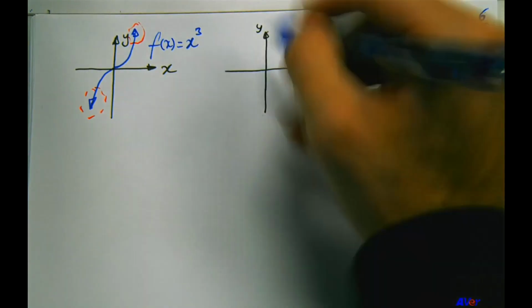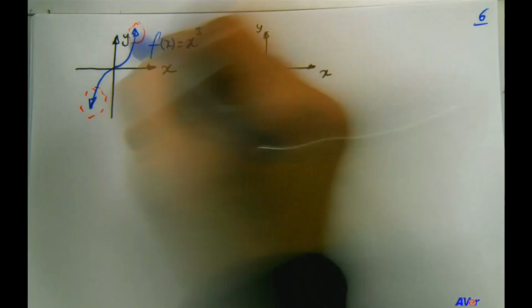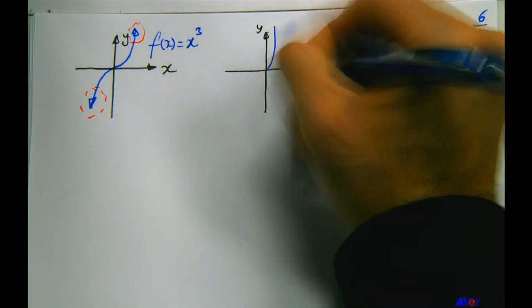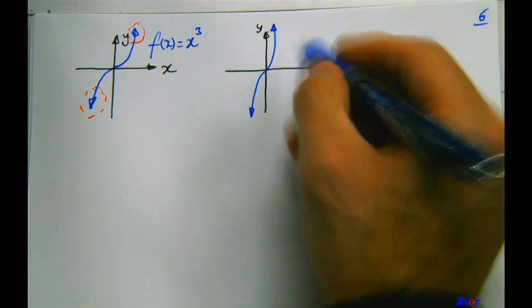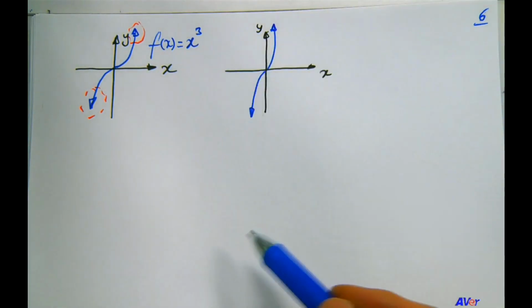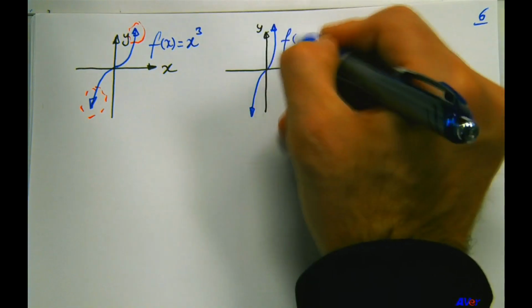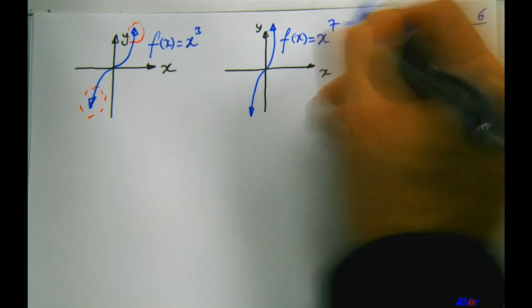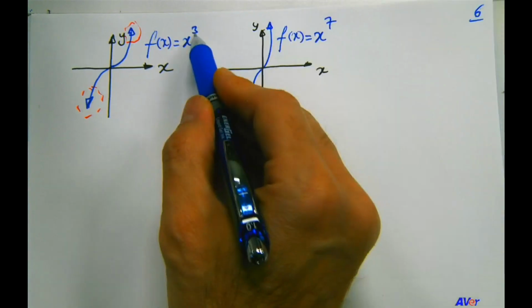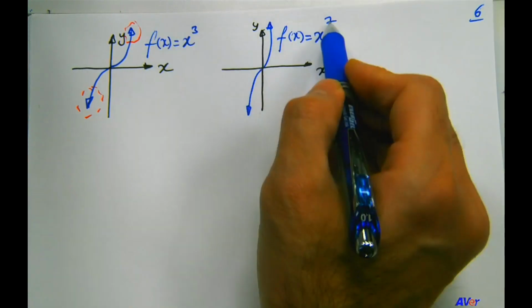So what happens then? Well, once again, it's going to be steeper than that. It's probably going to go like this. A computer would do a much better job than me if we graph these on a computer, but you're going to have this same scenario again because the power stays odd. Notice the powers are odd, right?